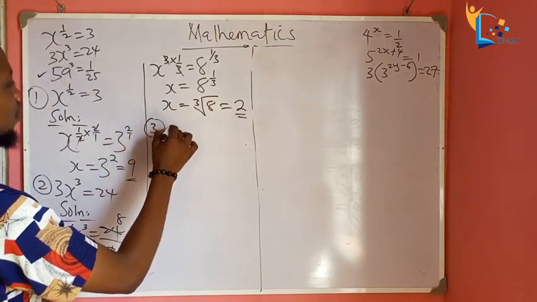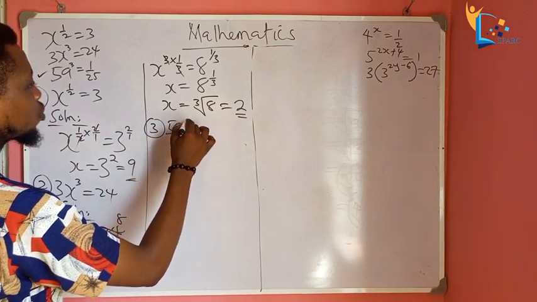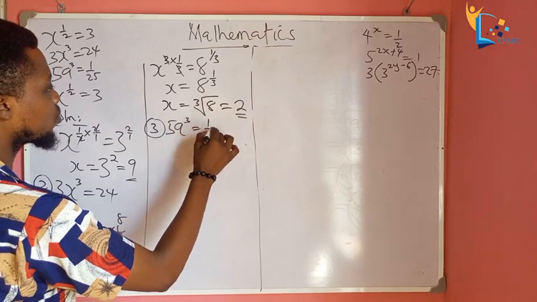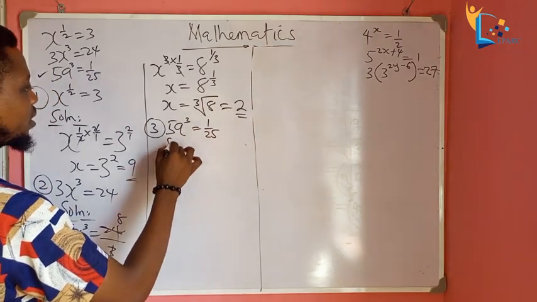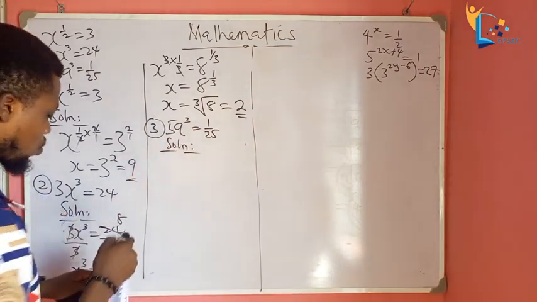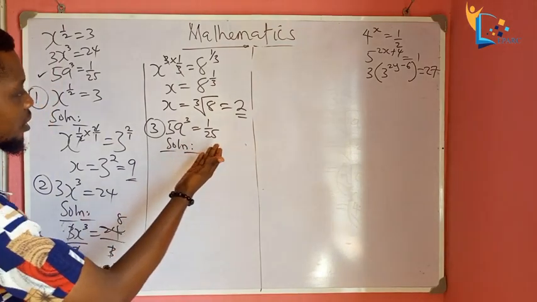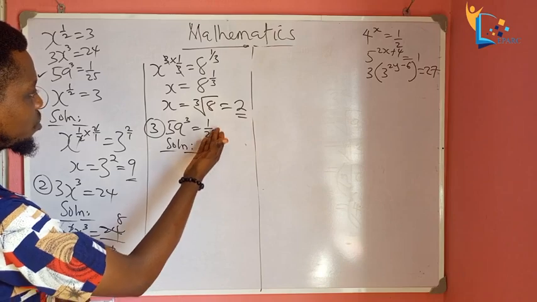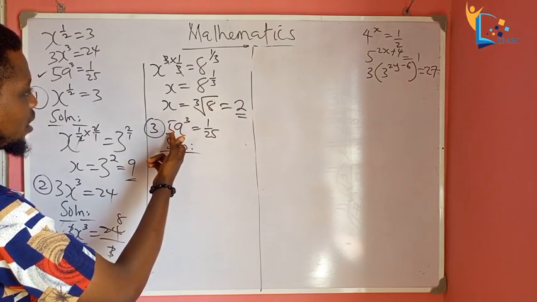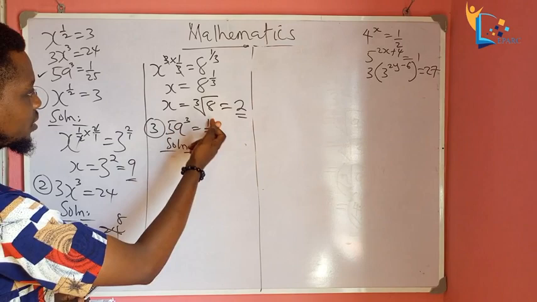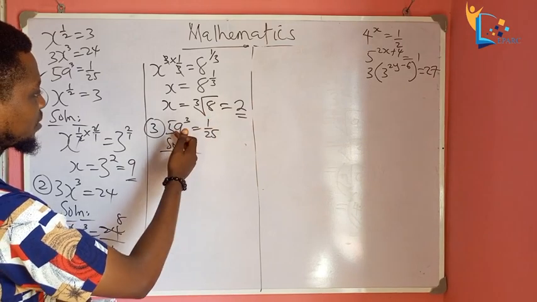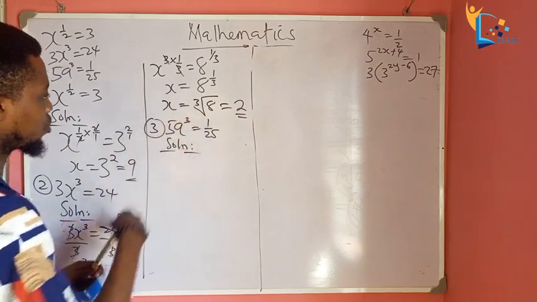Okay, now the third one, which is this one. So we have 5a raised to the power of 3 equal to 1 over 25. Okay, let's solve this. Let's divide the other side by 5, so that we'll be left with a raised to the power of 3.